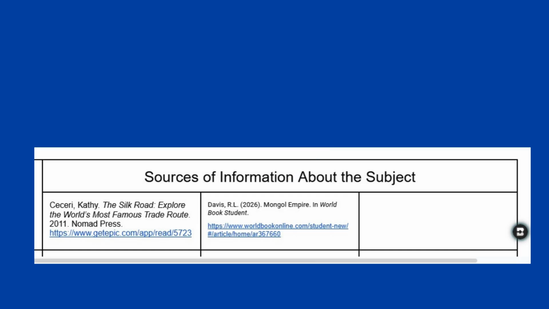In the left column, I've got the description of the Silk Road book that I found on Epic Books, and I've got the author's name, the name of the book, the year that it was published, and the name of the publisher. So these are important pieces of information that will help me to find these sources if I need to look back at them later on, or add them to your bibliography if you need to.